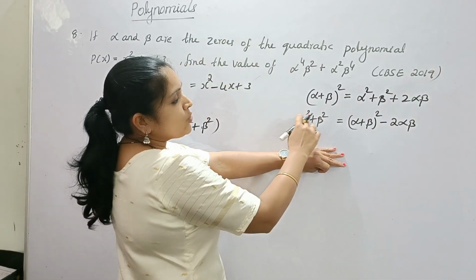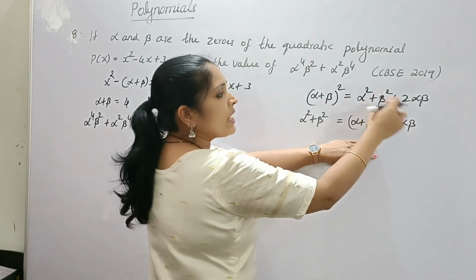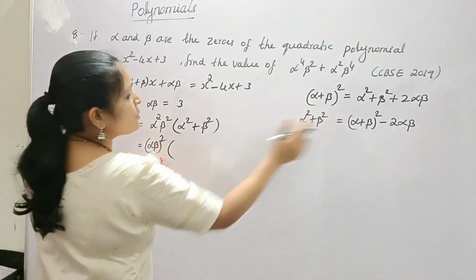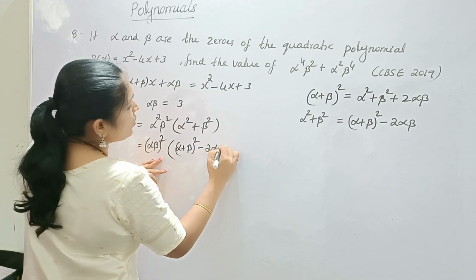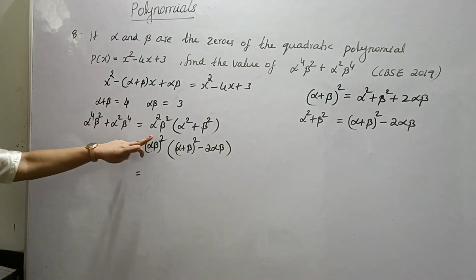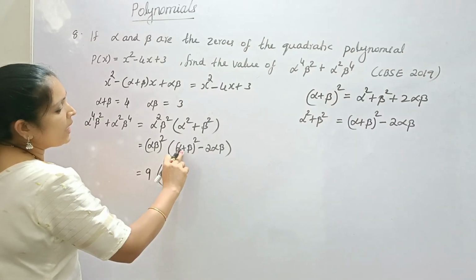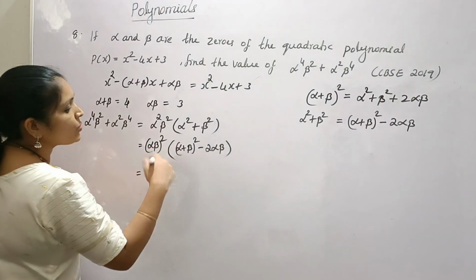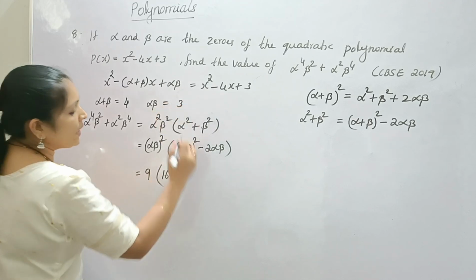See, we can find alpha square plus beta square by substituting these values. We have alpha plus beta and alpha into beta. So alpha into beta whole square is 9, into alpha plus beta whole square, where alpha plus beta is 4 so its square is 16, minus 2 into 3.